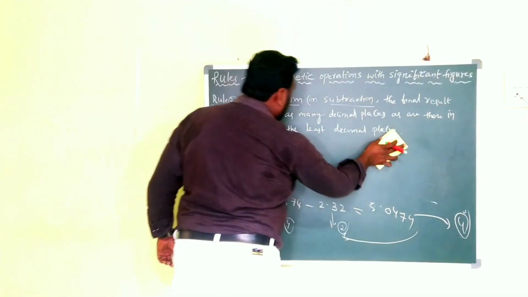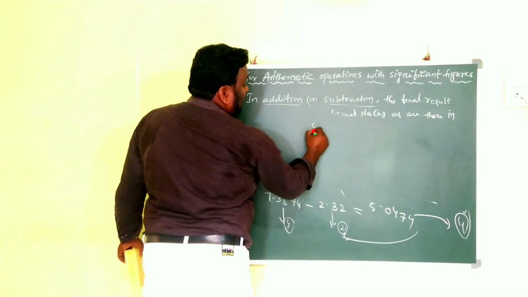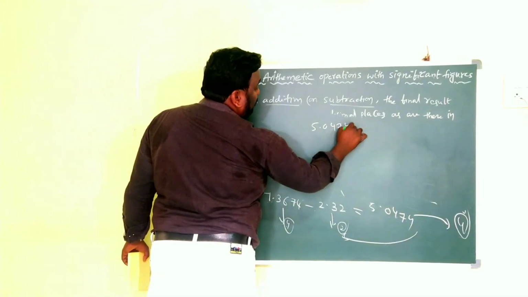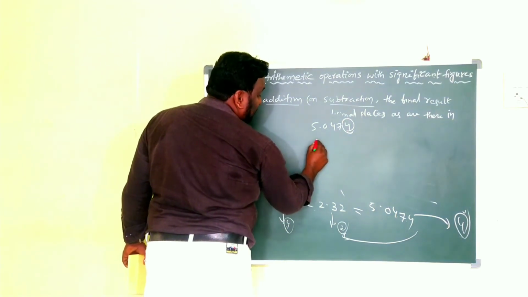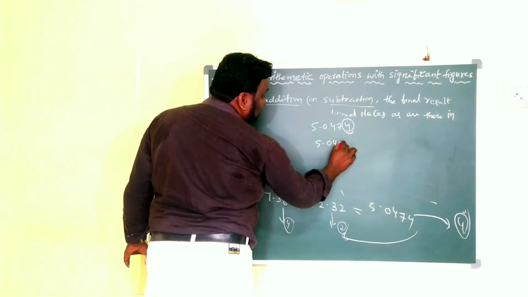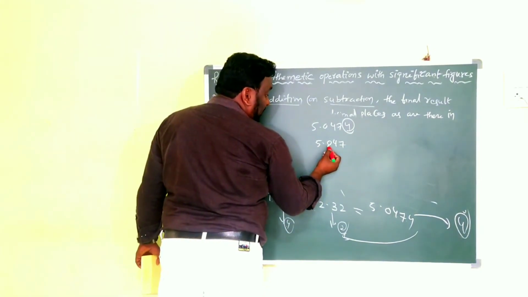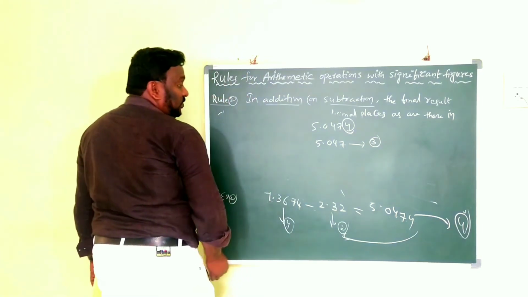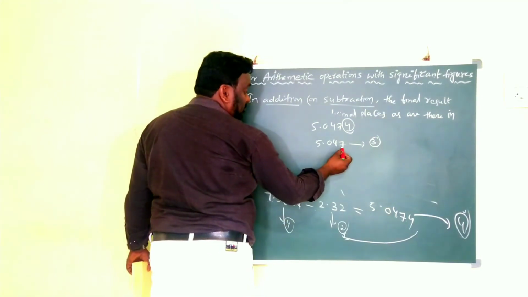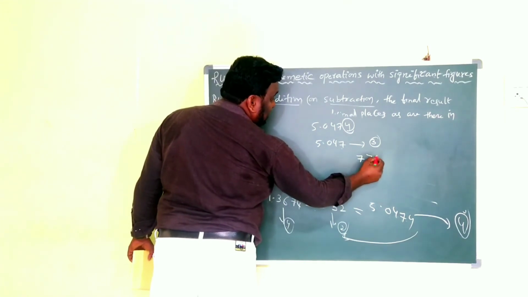So for that, let's check here. 5.0474. You have to omit this one, and I am taking 0, 4, 7. Clear? Now how many are there? 1, 2, 3. Now it has 3 decimal places. Here 7 is greater than 5.